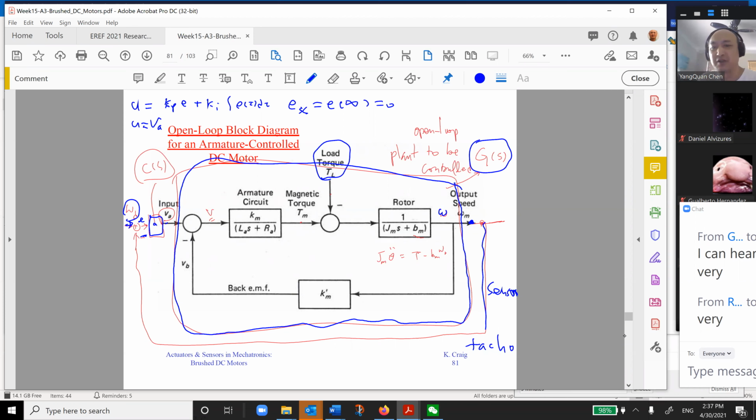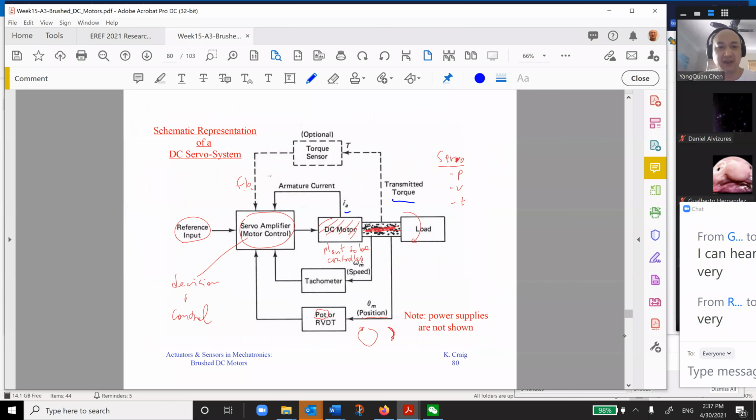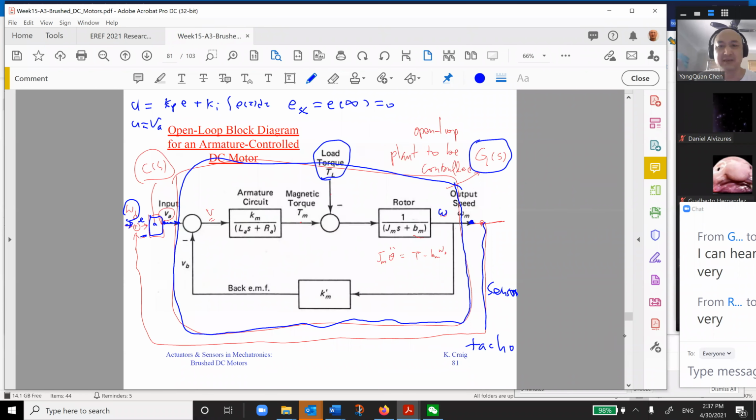Then my controller will give this V in here. But there's something missing that I want to tell you. You cannot directly link the output of the controller to the motor as an armature voltage. You need to go through something called a power amplifier.